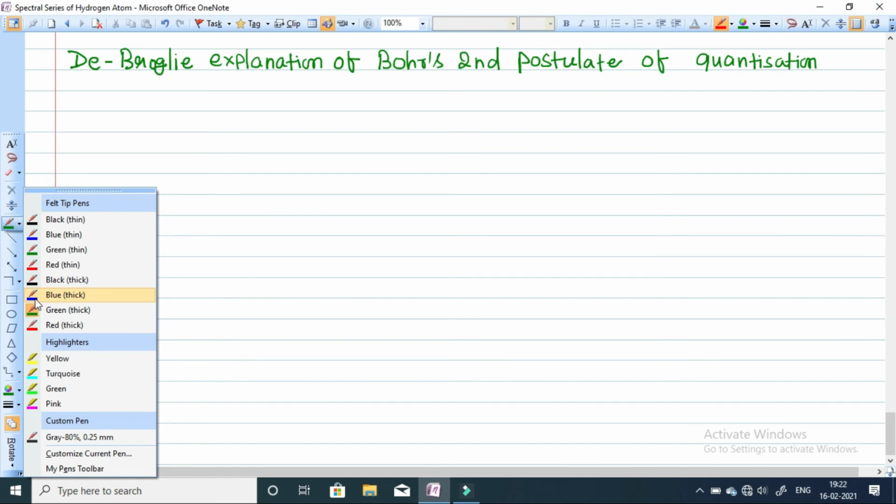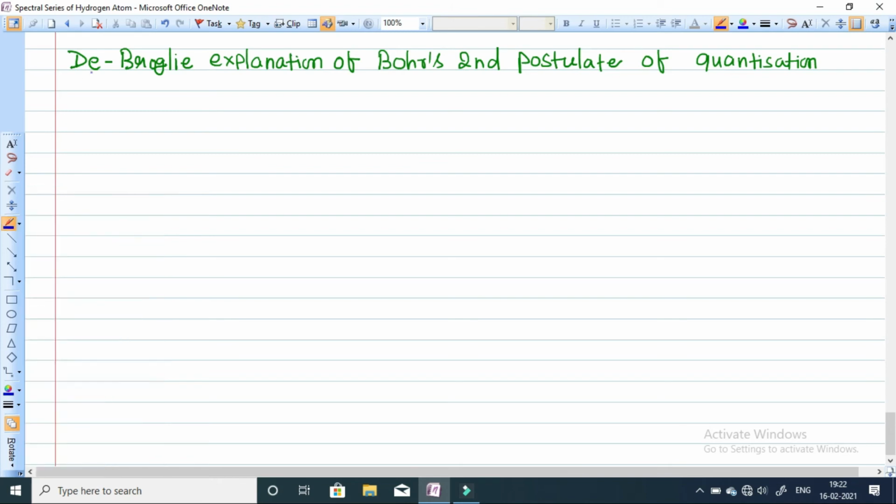its angular momentum is quantized. Basically its angular momentum is an integral multiple of h upon 2 pi. So from Bohr's second postulate, we know the angular momentum of the orbiting electron. What is angular momentum?